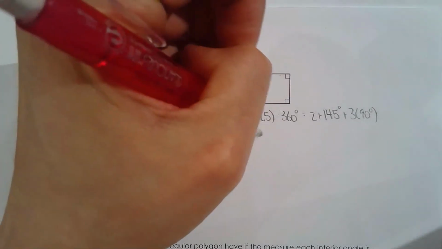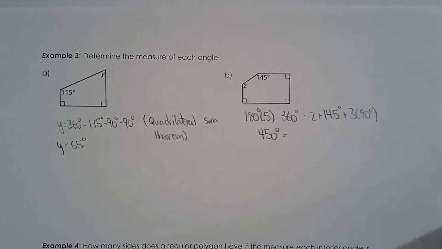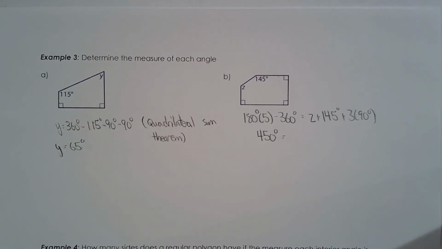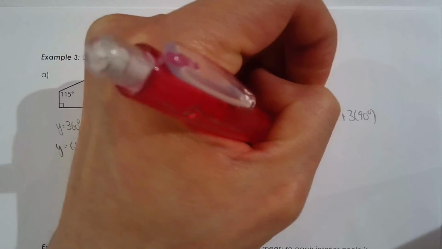So this is 450, 270, 415. Oops. And z is equal to 450 degrees minus 415 degrees.